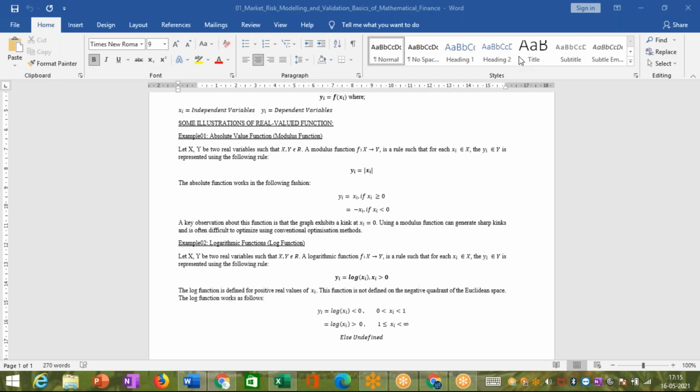So let's start. One of the biggest advantages that a logarithmic function has is that it helps me smooth down the fluctuations in the data, right?